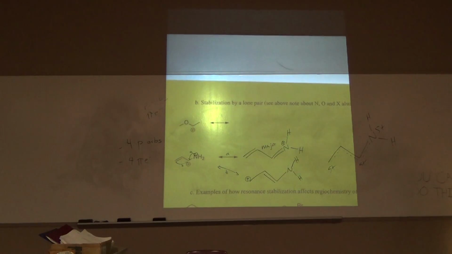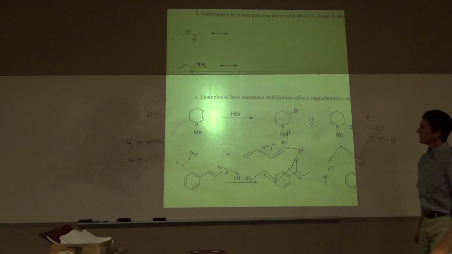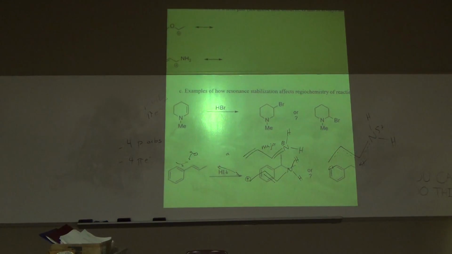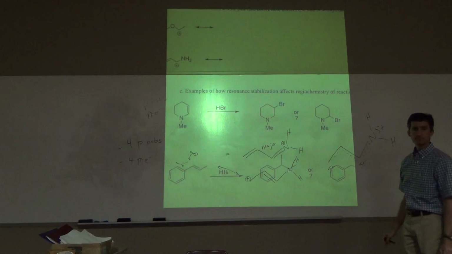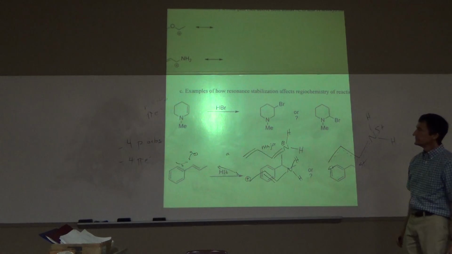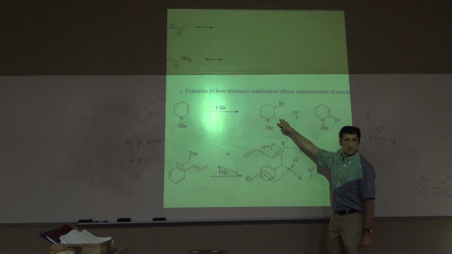Okay, let's finish up here for today. How does this affect regiochemistry in alkene reactions? We saw one of these during our look at alkene reactions, but if you take this alkene, react it with HBr, which product do you expect? Different cation intermediates.